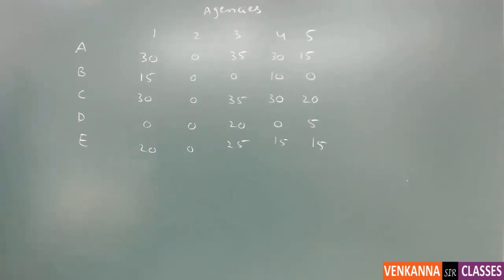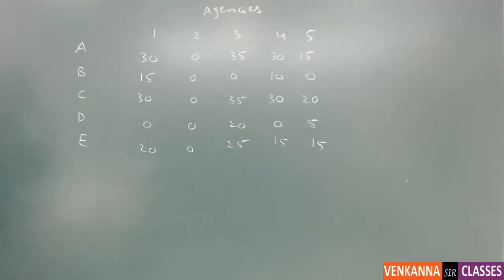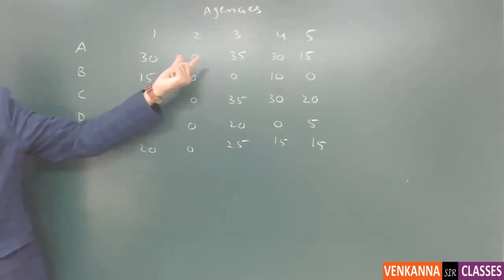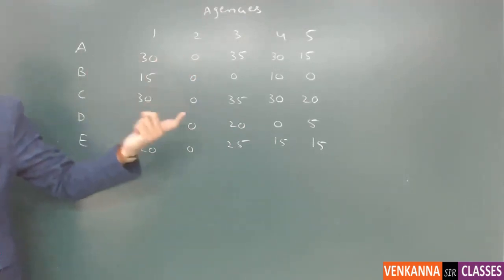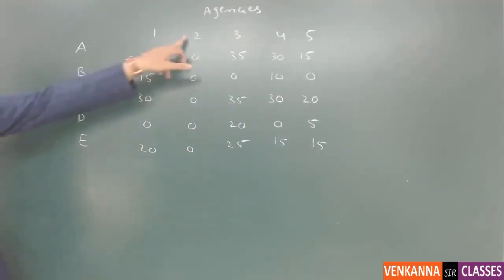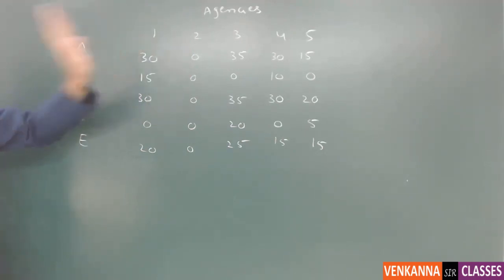Right. Now you are going to do the allocations. If you take the first row, here 0 is given. So this indicates the smallest value, the minimum. In other words, you can understand that if place A and agency 2 are given, you can have the minimal distance that you can take into consideration.